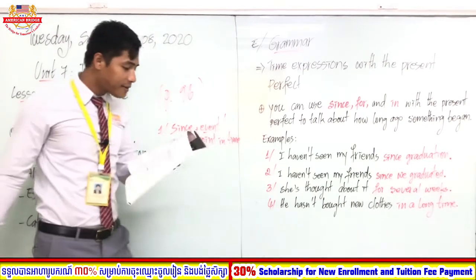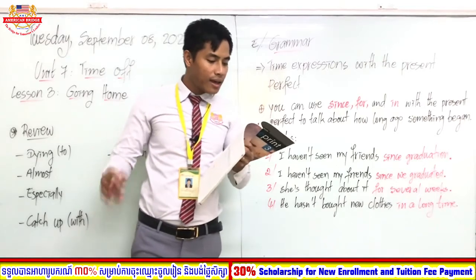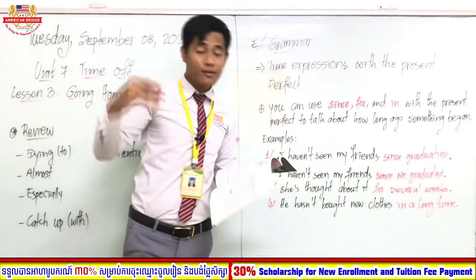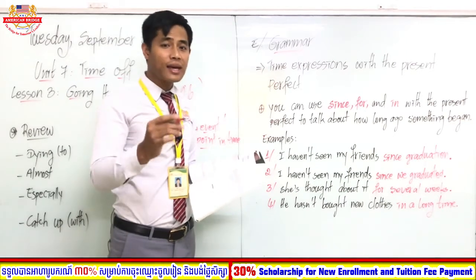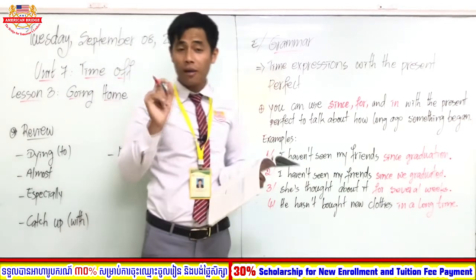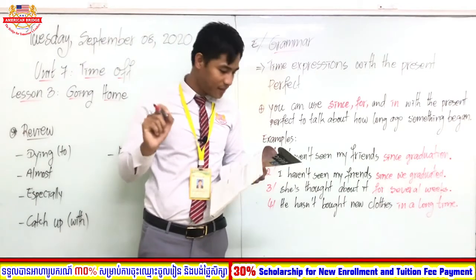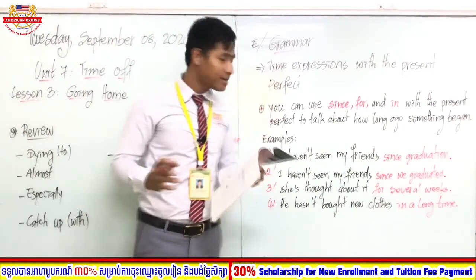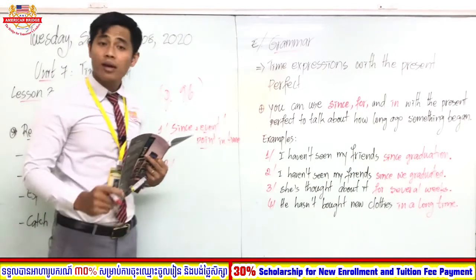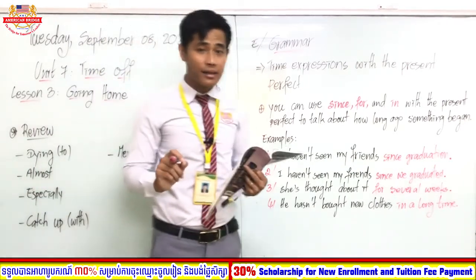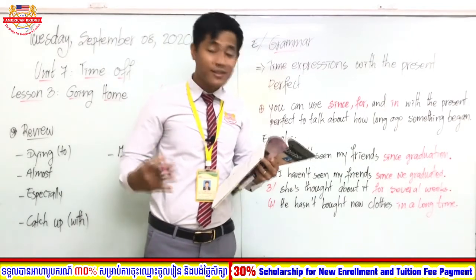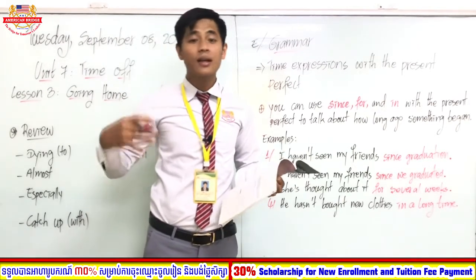Events, like for example, we have lived there since January. Since January over here is called a point in time. It is used to talk about one time. And an event, graduation, is one event that is celebrated for all the students who just finished university.